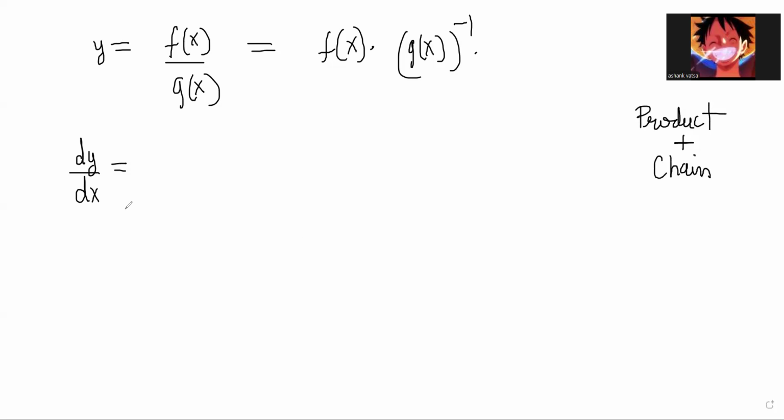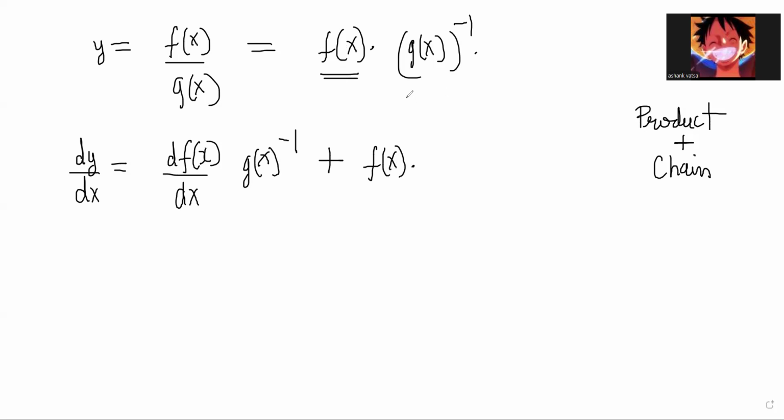So देखो product rule के हिसाब से first we'll differentiate this dfx by dx and keep the second one as it is. And then we'll keep the first one as it is and we have to differentiate this, right? And this is itself chain rule, no? So minus 1 gx to the power minus 2 and then derivative of g, right?